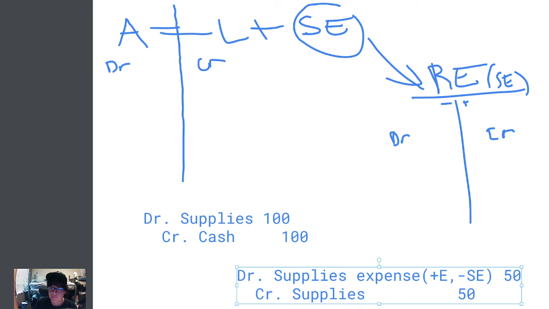Expenses go up, which in general decreases retained earnings, which decreases shareholders' equity. And then supplies, since we used it up, meaning we have less of it, we put it on the credit side because it's on the opposite side.